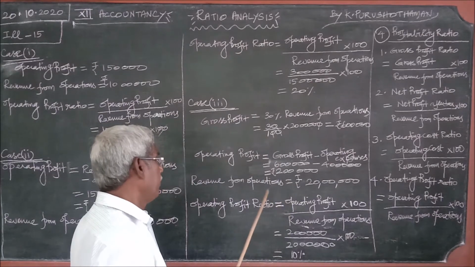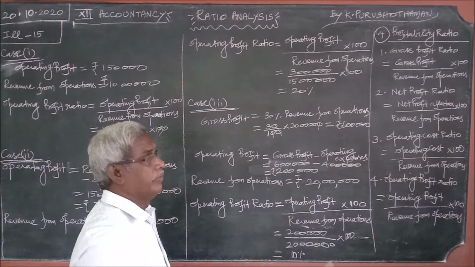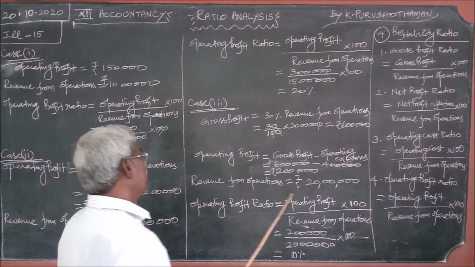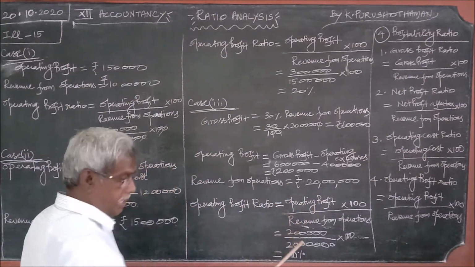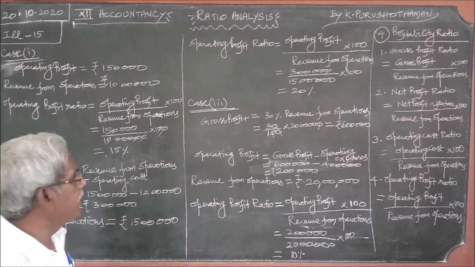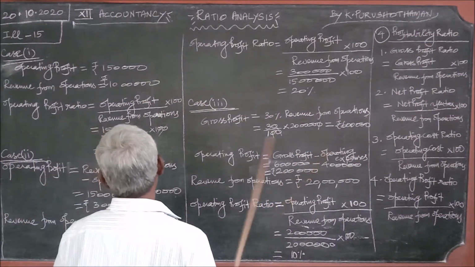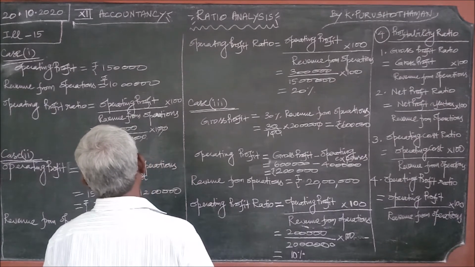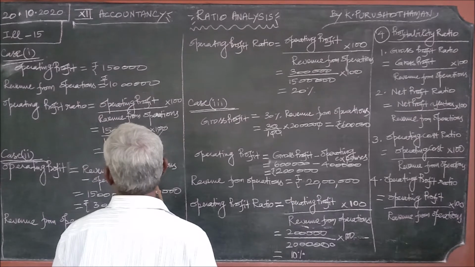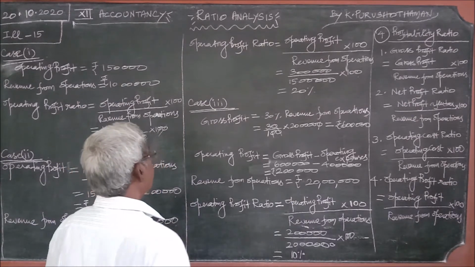But the value of the numerator we should find. Numerator value is not given. For that operating profit, with the available information, gross profit minus operating expenses. Here revenue is given, cost is given, revenue less cost, we will get operating profit.